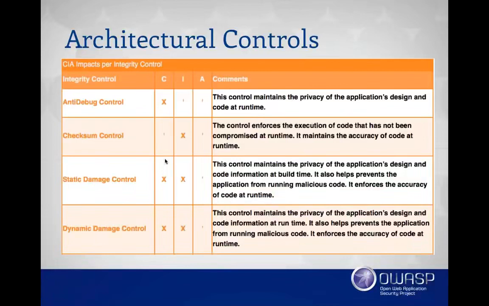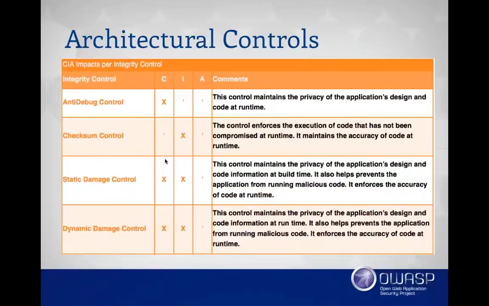If the two are the same, then you know that somebody has not modified that code or data. However, if the two are different, then you know someone's tinkering with it and you can try and do something about it. The point of the checksum control is to detect that something is going wrong.